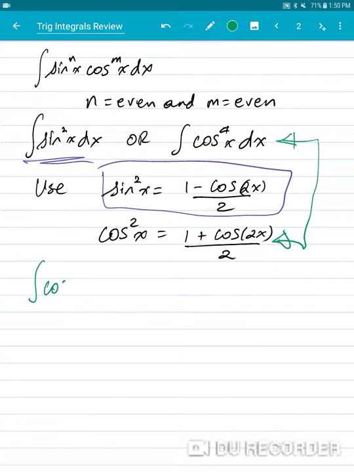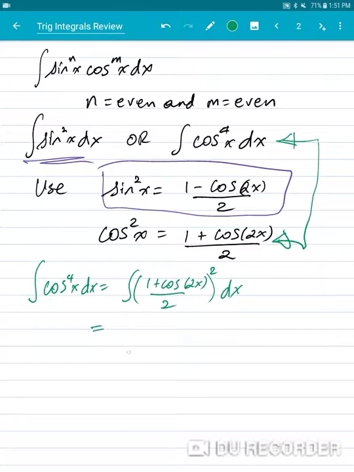Cosine to the 4th x dx is 1 plus cosine 2x over 2, to the power of 2, because cos to the fourth x means cos squared x squared, so cos squared x is what's inside the parentheses.